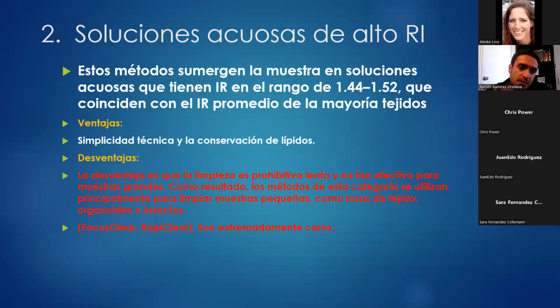Las ventajas son la simplicidad de la técnica y la conservación de los lípidos, pero la principal desventaja es que esta forma de clarificación es bastante cara, son extremadamente caras, ¿ya? Y son lentas también.